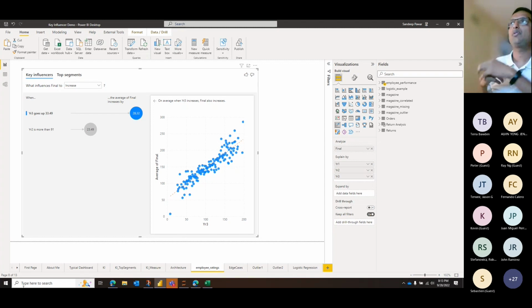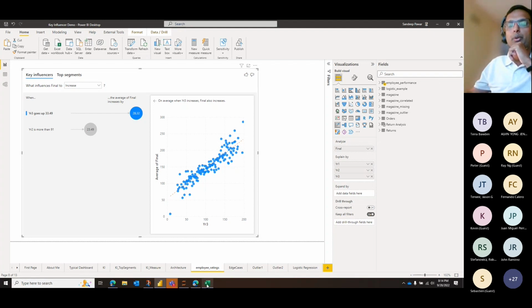So what you would get out of this is you will go back to your HR and say, we should be monitoring year three and then year two. Year one, don't worry too much about it. If somebody is doing exceedingly well or really poorly, don't stress about it. Let's just focus on year two and then year three, and we should be good.